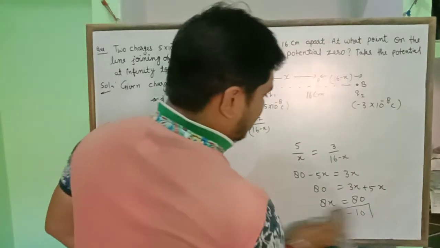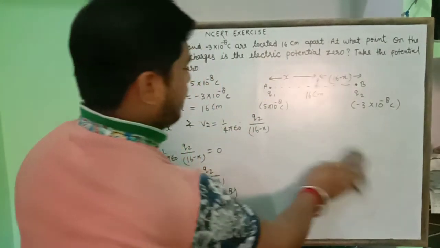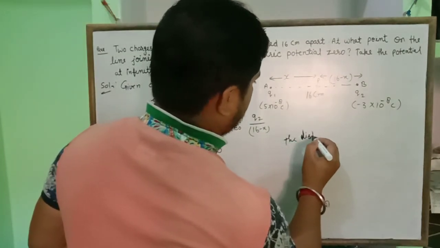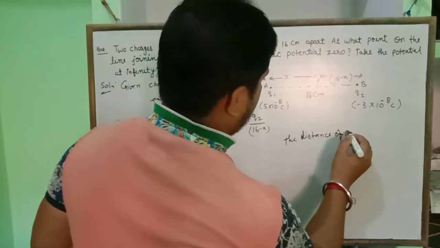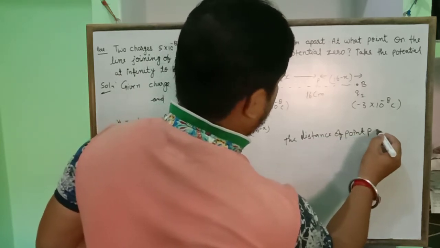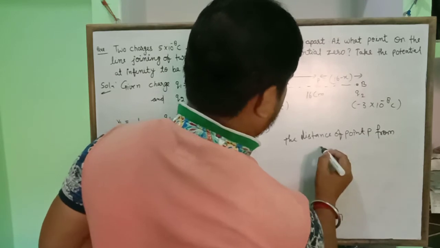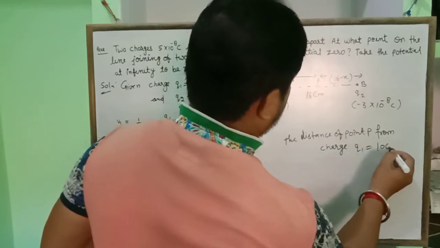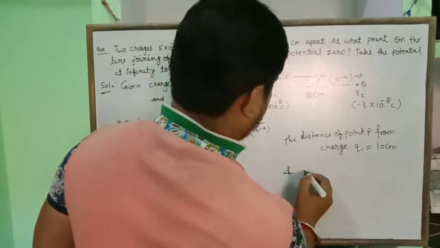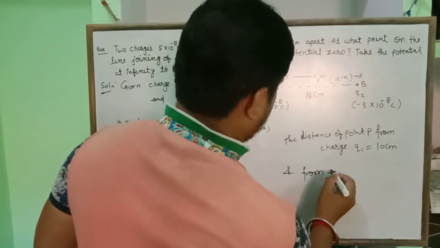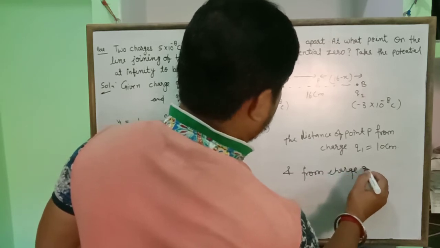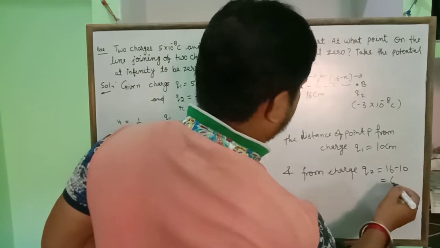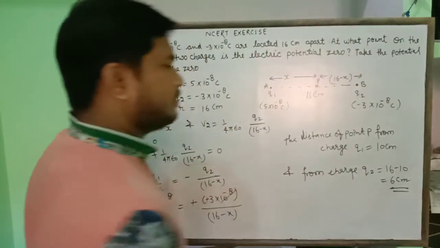It means the distance of point P from charge Q1 is 10 centimeter and from charge Q2 is 16 minus 10, it means 6 centimeter.